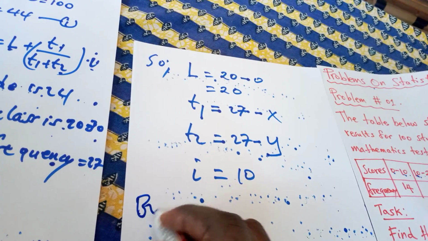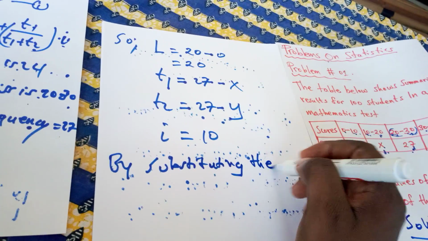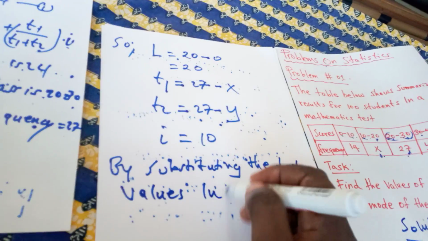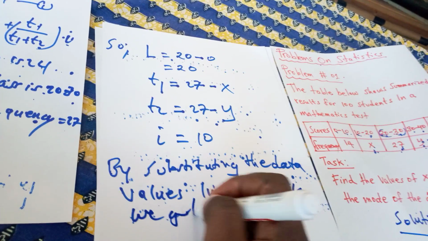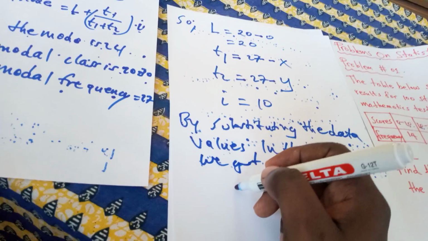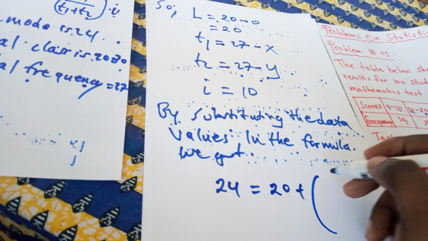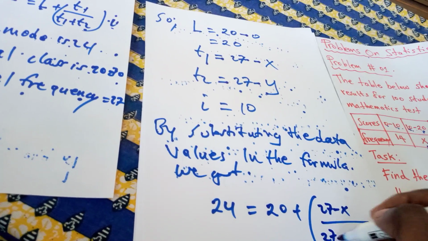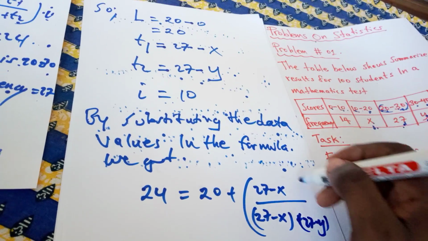By substituting the values in the formula, we get the mode: 24 equals 20 plus bracket 27 minus x over 27 minus x plus 27 minus y, bracket times 10.